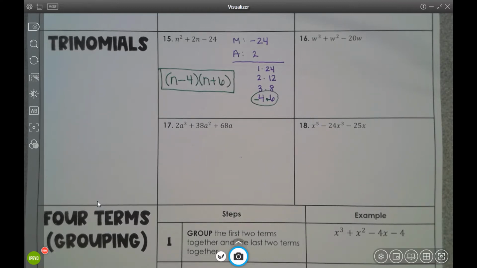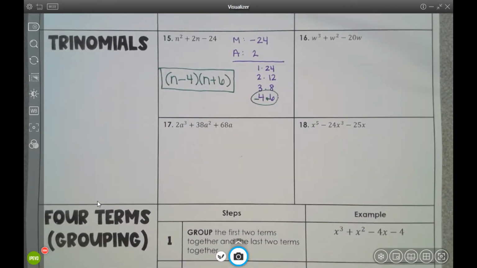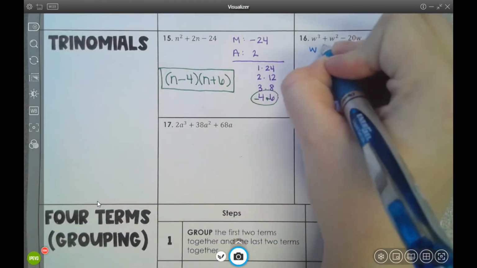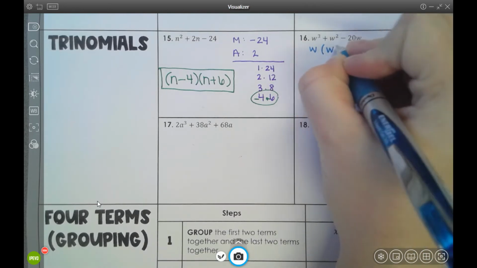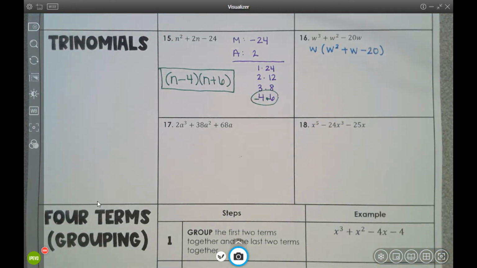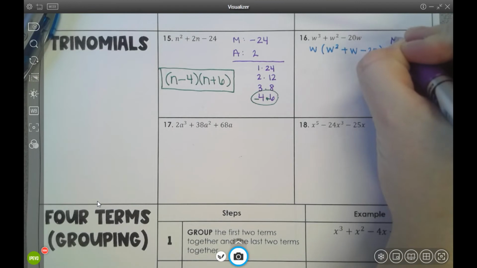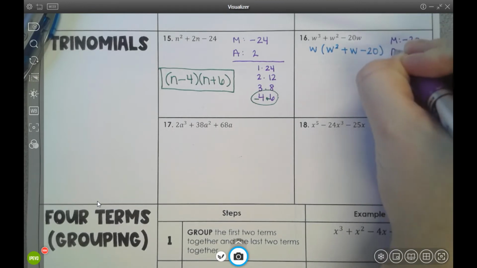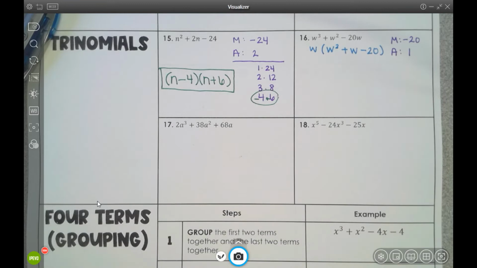Number 16, this one has a GCF of W. So when you take out W, you're left with W squared plus W minus 20. We're looking for two numbers that multiply to be negative 20, but add to be 1.